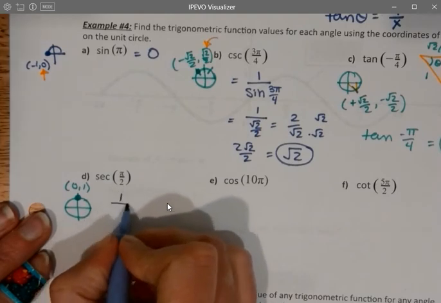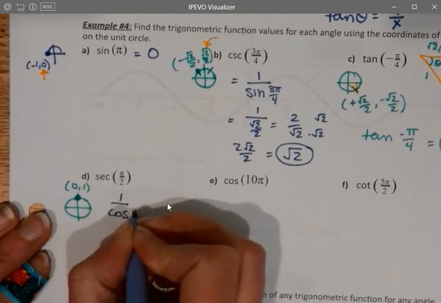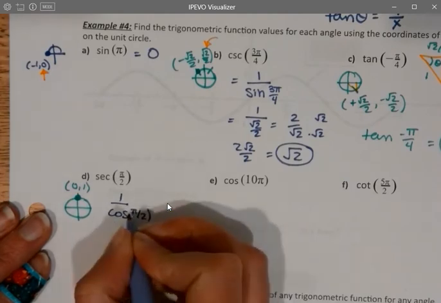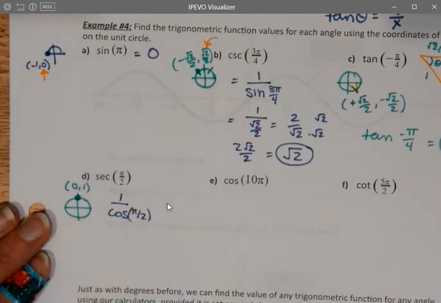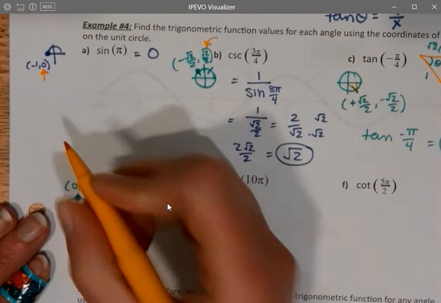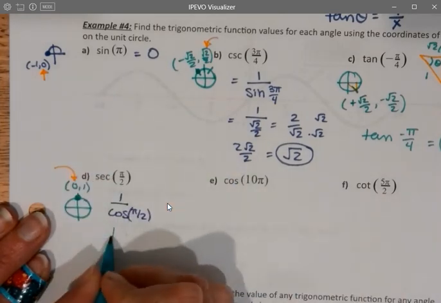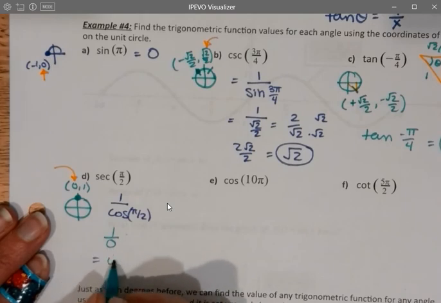This is 1 over the cosine of pi halves, because secant and cosecant are reciprocal functions. And then the cosine is the x-coordinate. The x-coordinate here is 0. So this is going to be 1 over 0, so it's going to be undefined.